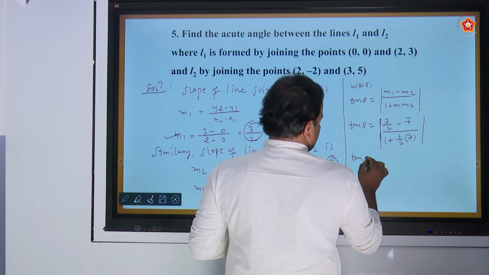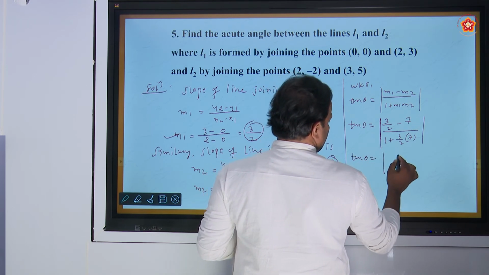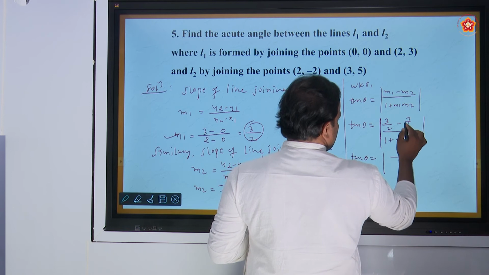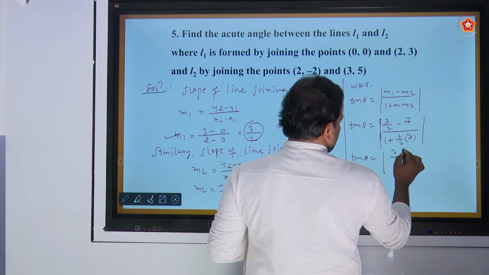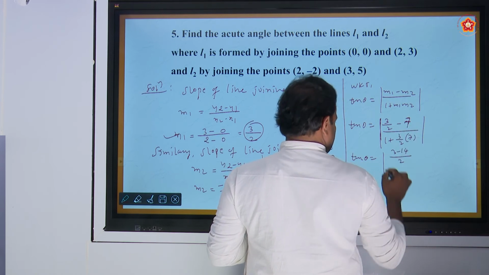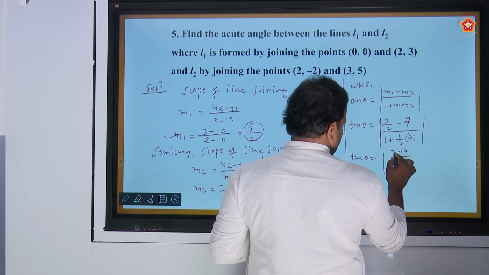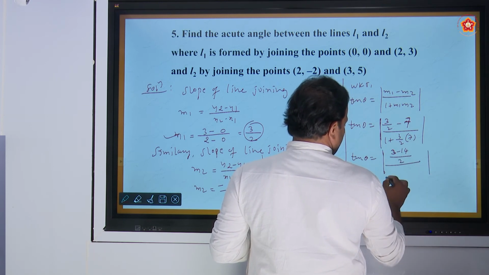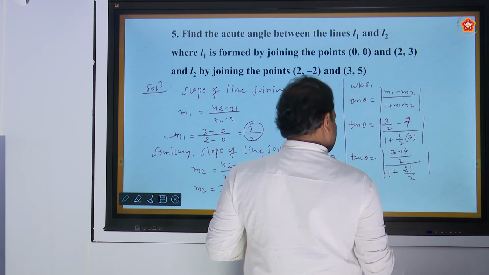Simplification: tan theta is equal to mod of, LCM is 2, 2 7s are 14, 3 minus 14, divided by 1 plus 7 3s are 21 by 2.